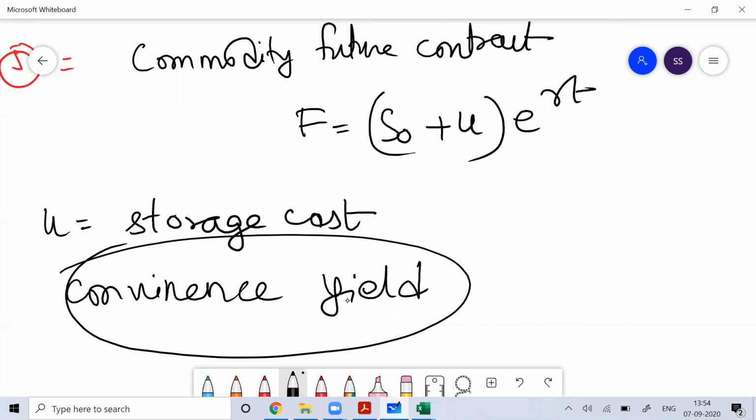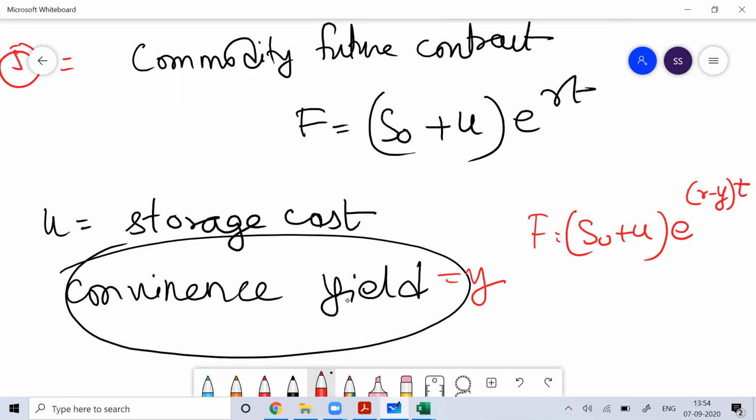Many times we do the adjustment of convenience yield. Suppose convenience yield here is y, so I can write the same formula, F is equal to S naught plus U e to the power (r minus y) into t, to do the adjustment of convenience yield.